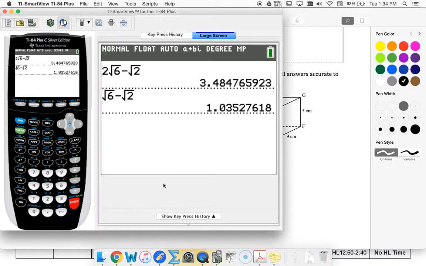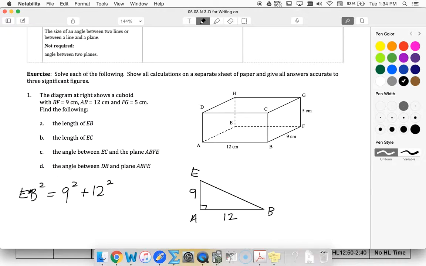So I can put that in my calculator. 9 squared plus 12 squared, and I get 225. So EB then is the square root of 225, which is 15. And I just know that, but of course you could put it in your calculator. So 15 centimeters.